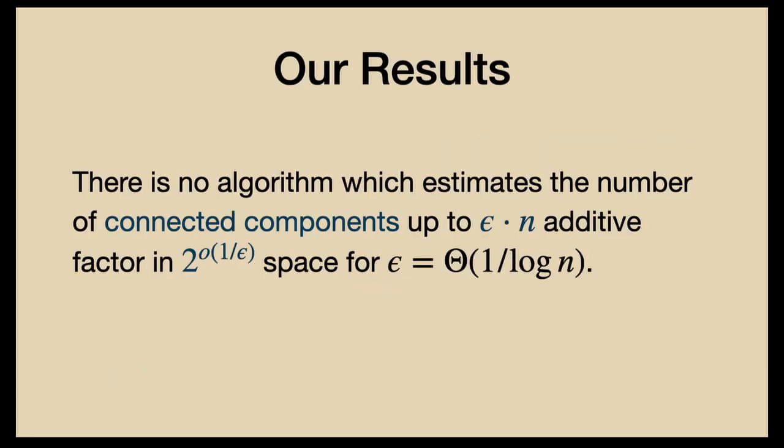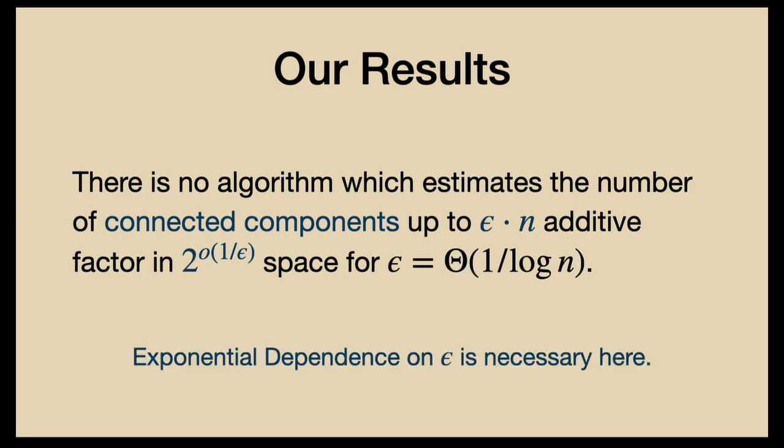Now I'm going to talk about our results. So we proved that there is no algorithm which actually estimates this number in 2 raised to little o of 1 by epsilon space for this particular value of epsilon, which is in the range of 1 over log n. Okay. So this is saying that this actual dependence on epsilon has to be exponential. Right.